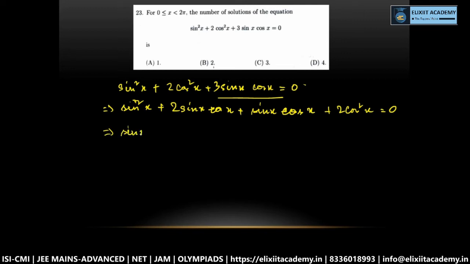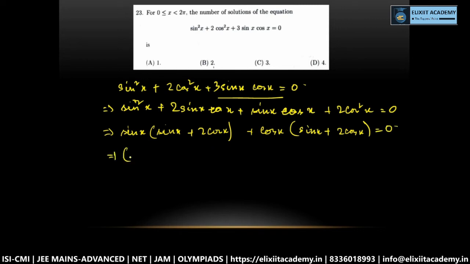From here, if you take sin x common, this is sin x plus 2 cos x. Similarly, if you take cos x common from here, then this is sin x plus 2 cos x. This is equals to 0.